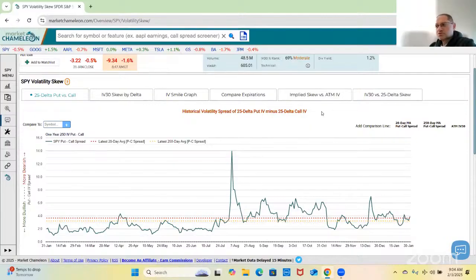There's also horizontal skew, which is the implied volatility difference as you move from one expiration to the other. It's a time skew.